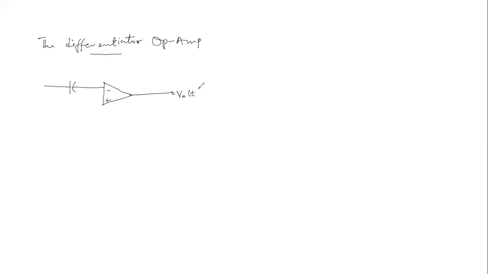This is V naught of t, the output, and then the resistor is connected at the feedback point. That's the feedback resistance. So here we have the input voltage. This is the non-inverting terminal. This is the inverting terminal.